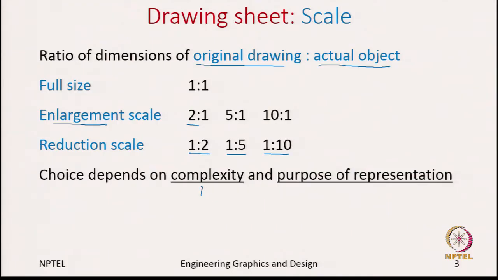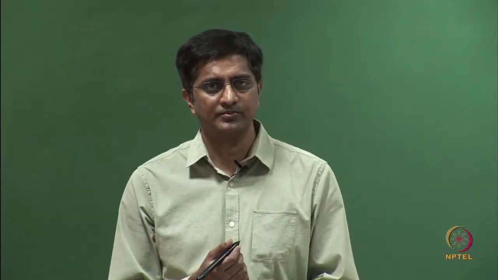So, again this is the choice the person who is drawing should make, and when he is making this choice, the points to remember are he needs to look into the complexity of the object which he is trying to depict and the purpose of representation, because the purpose of representation will tell you how much detail you want to convey.